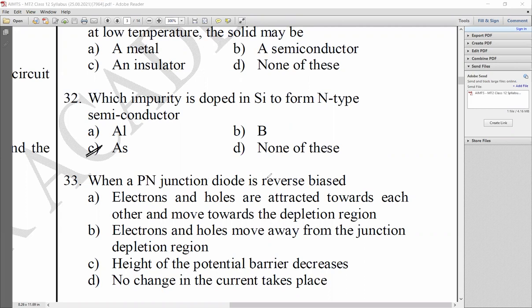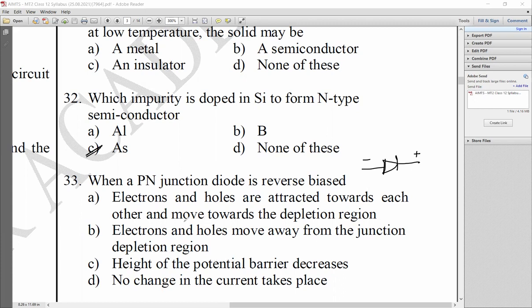33. When a p-n junction diode is reverse biased, electrons and holes are attracted towards each other and move towards the depletion region. Reverse bias means n is connected to positive and p is connected to negative. Electrons and holes move away from the junction depletion region. Height of the potential barrier decreases? No change in current takes place?